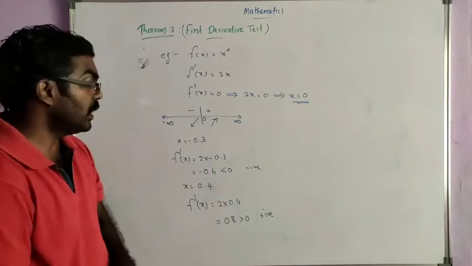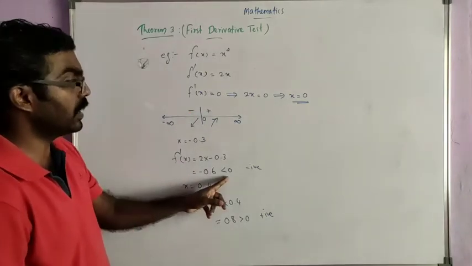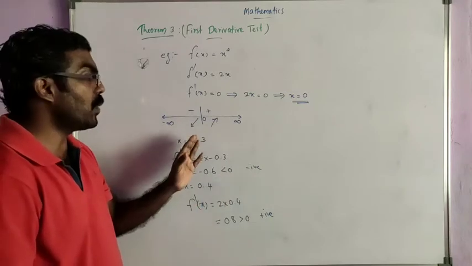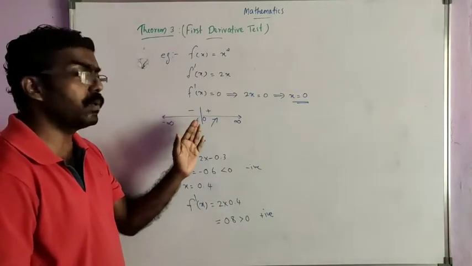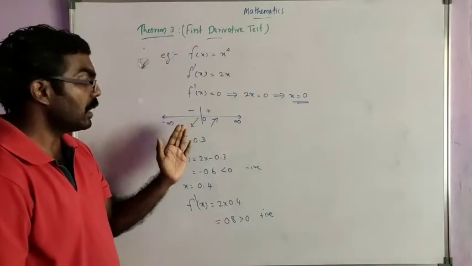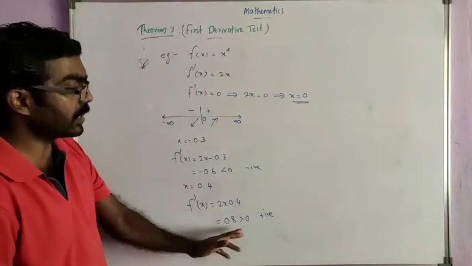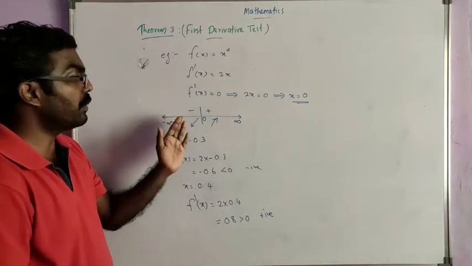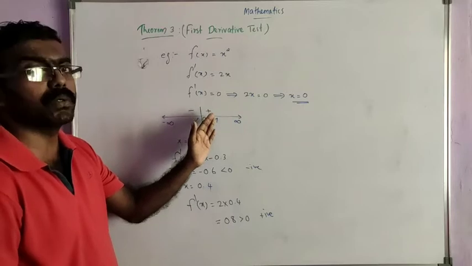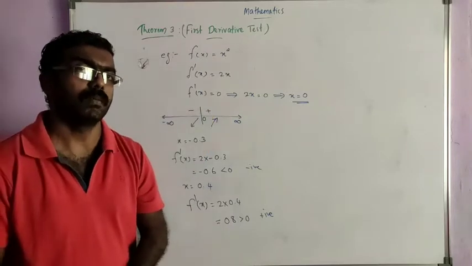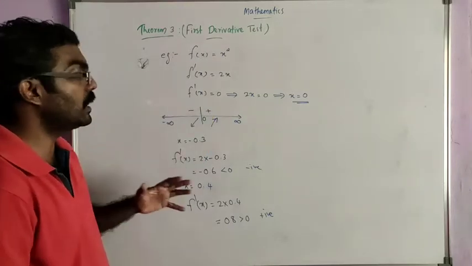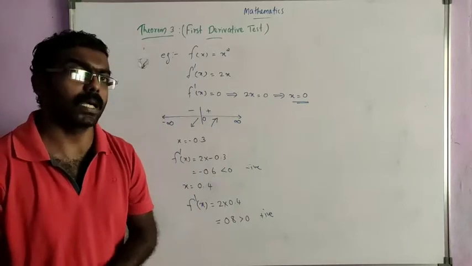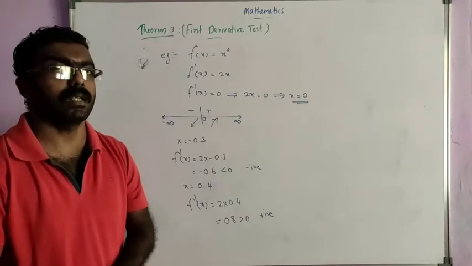That is, f dash of x is less than 0 at every point sufficiently close to and to the left of c, and f dash of x is greater than 0 for every point sufficiently close to and to the right of c. So we can conclude c is a point of local minima. Clear?